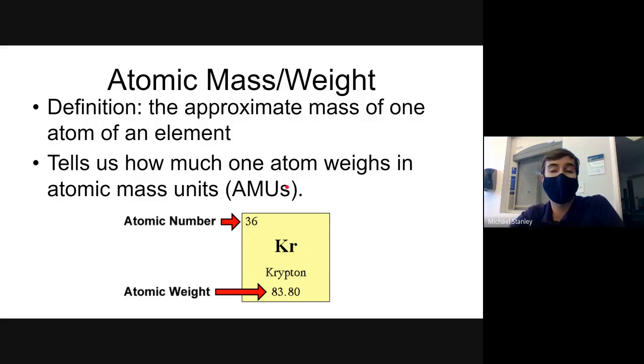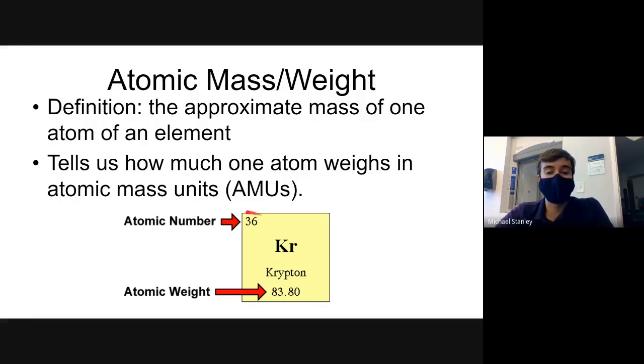It's a good way to compare single atoms of each element to each other. The bigger this number is, the heavier the atom is, and the more protons and neutrons it has.